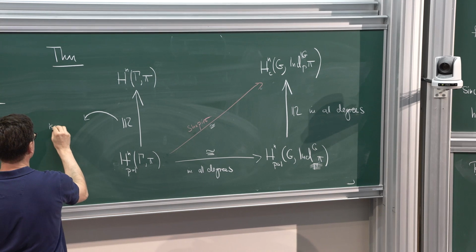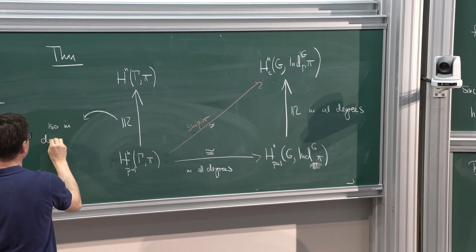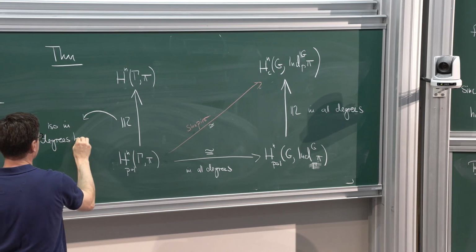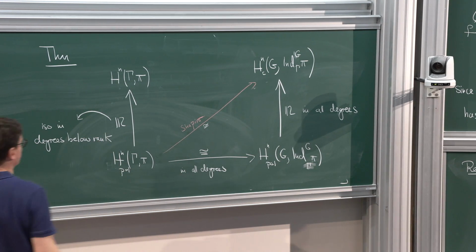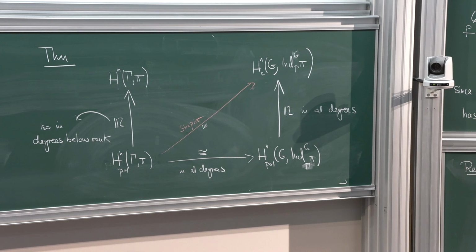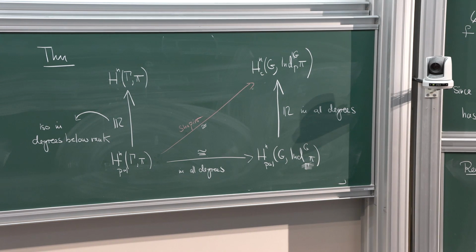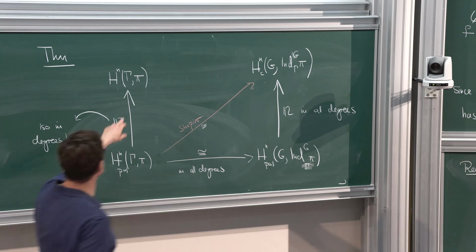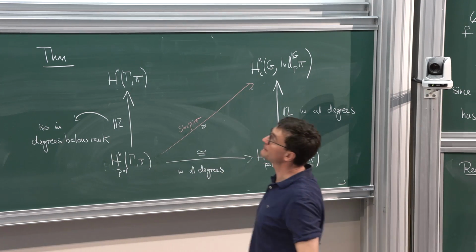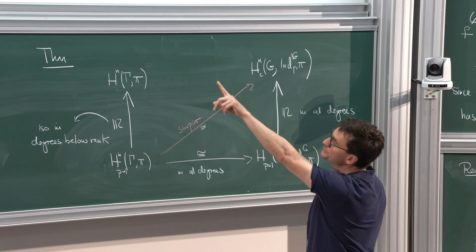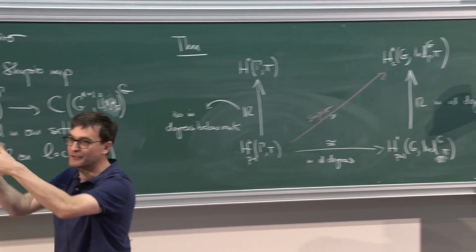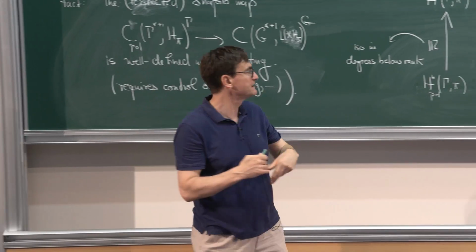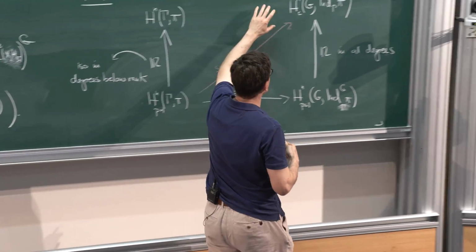This is an iso in degrees below the rank. And so you want to go from the left-hand side to here to conclude the statement of theorem A for the lattice from the statement for the group G that we have. So that's why you want to compare the two.